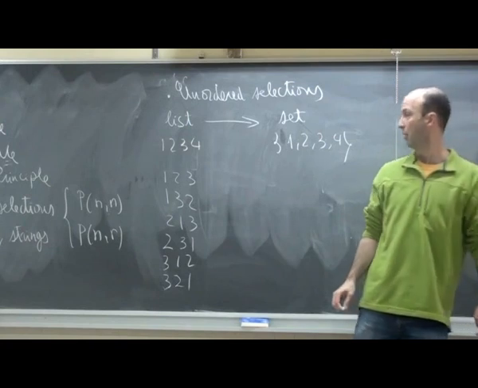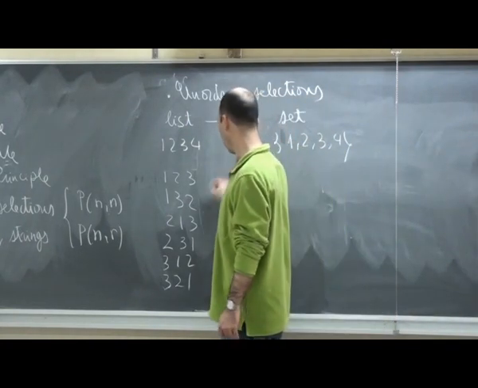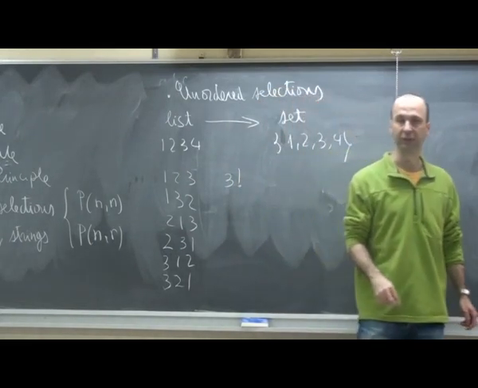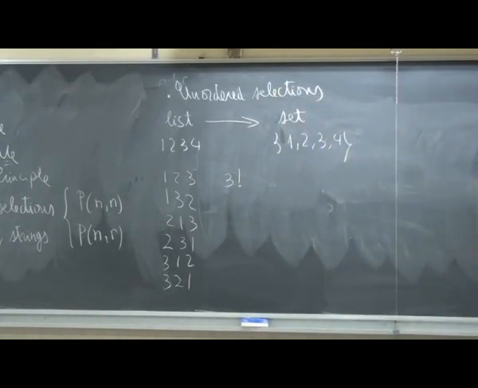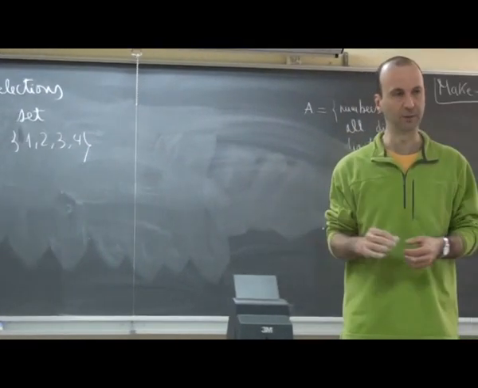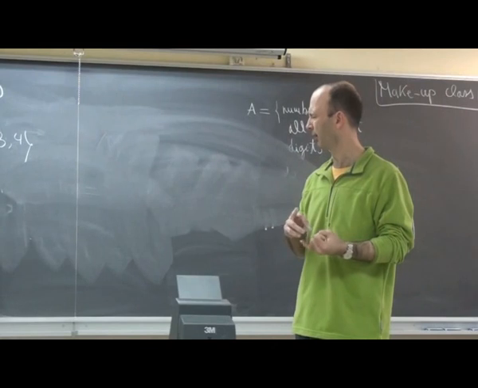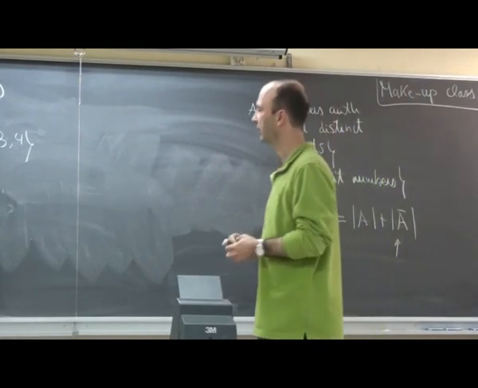Why 6? Because this is 3 factorial. Application of the product rule: 3 times 2 times 1, right?